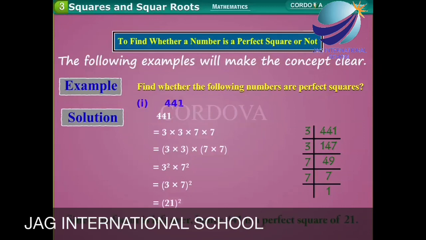Since no factor is left over, hence 441 is a perfect square of 21.